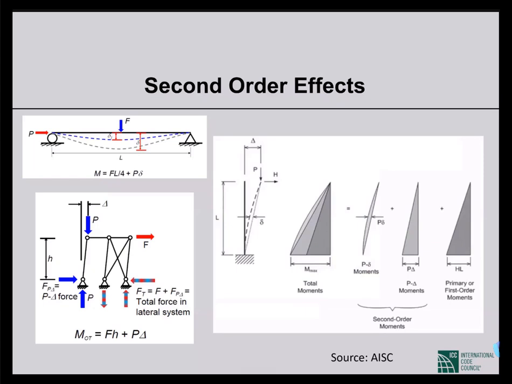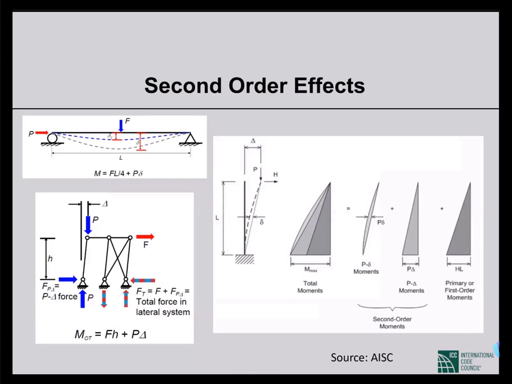So in the case of a column, see, the column experiences, due to lateral load, sway or drift, large delta, and then due to vertical or gravity load, it also bends, and that bending causes another additional deformation, small delta, P delta.